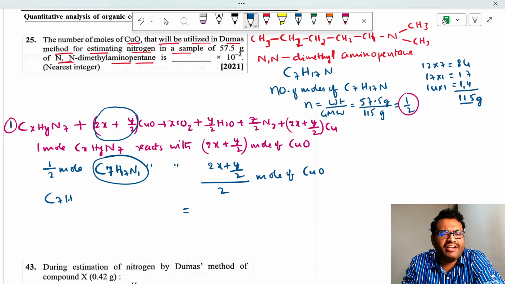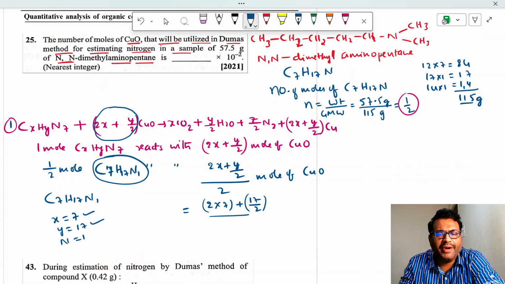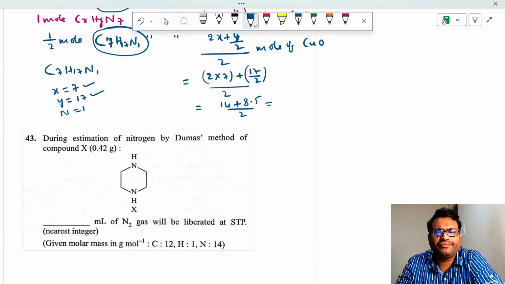So in C7H17N1, x is equal to 7, y is equal to 17, z is equal to 1, right? So multiply x here, 2 into 7 plus y is 17, 17 by 2, by 2, that is equal to 14 plus 8.5 by 2, what do you get? 22.5 by 2, that is equal to 11.25.